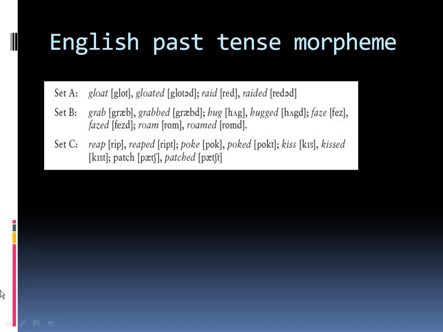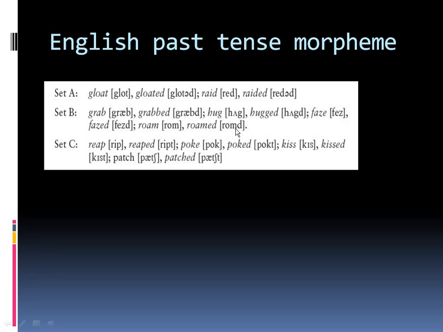Okay, let's look at the English past tense morpheme, which is d. Okay, so there are 3 sets here. Let's look at this. Gloat becomes gloated. Do you notice that schwa addition? Raid becomes raided. Schwa. Grab, grabbed, no schwa. Okay, I want you to pay attention to the final 2 sounds. Hug, hugged. Phase, phased.